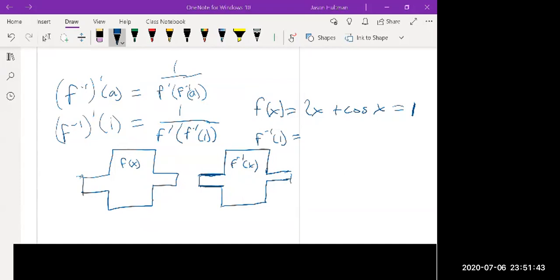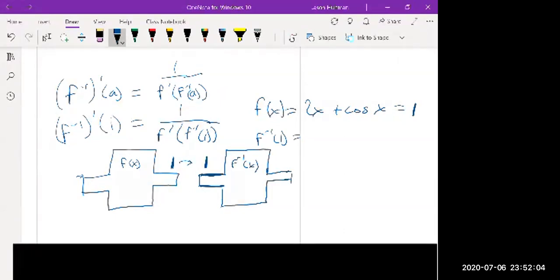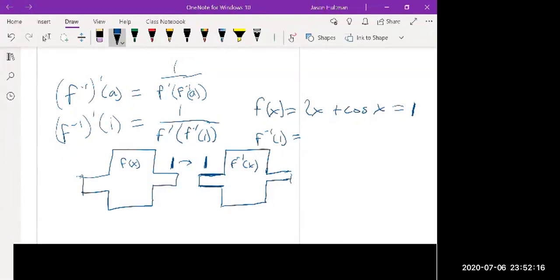So what was f of x? It was this guy. Now I want the output to be 1. Why? Because I want the input of my inverse to be 1, so that output gives me the input for my inverse. So 2x plus cosine x is equal to 1 when what?